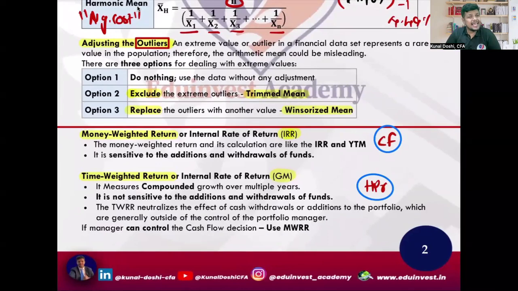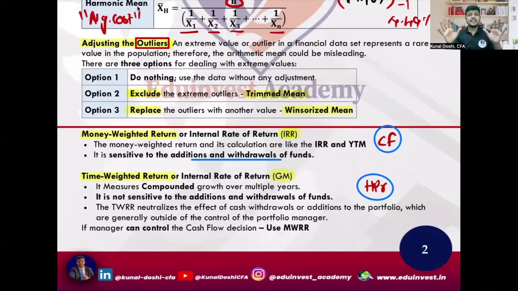Also, what they ask in the exam is which one of the two should be used and under what condition? Well, the technique is different, so the answer will be different. But which one should I use and when? See, money weighted rate of return is sensitive to additions and withdrawals. Whatever additions and withdrawals you do, or the fund manager does on your behalf, get reflected in the money weighted rate of return.